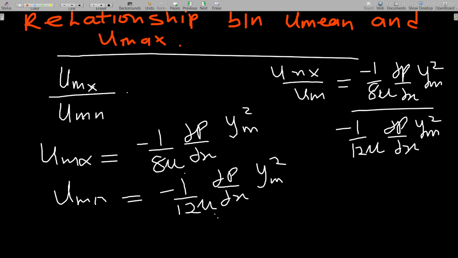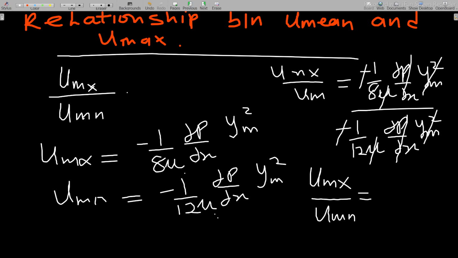Now del p del x and ym squared will cancel off, and if you do the division clearly, the mu will cancel mu, and I'll be left with negative 1 over 8 divided by negative 1 over 12. The negative will cancel negative, so I have u max over u mean equal to 1 over 8 divided by 1 over 12.